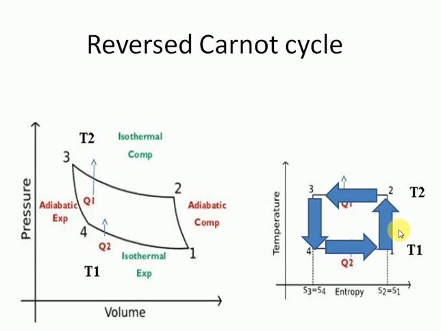The compressor compresses the vapor refrigerant to a high temperature and high pressure refrigerant, and next it will go to the condenser, in which it is cooled. The same diagram is plotted on a PV chart, pressure versus volume chart. So this is a temperature versus entropy chart.